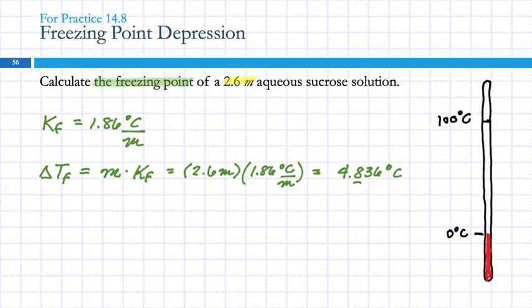So my new freezing point is less than what it was before. And this difference here is 4.8 degrees Celsius. So what is the new freezing point? Negative 4.8.